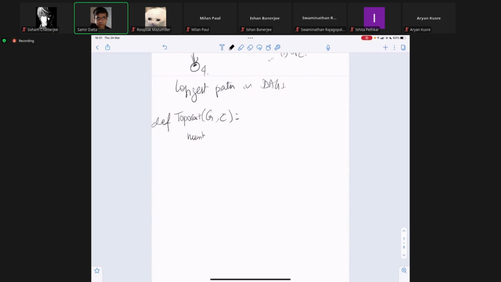So I'm mixing things, so I should not. So longest paths in DAGs, that's one thing, correct? But let's look at a slightly different but related problem. You want to topologically sort the graph.